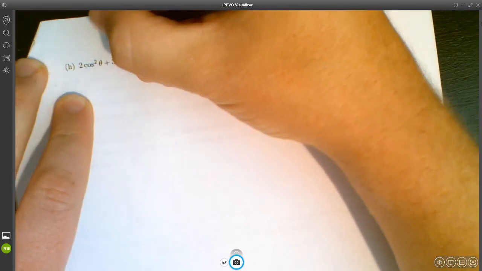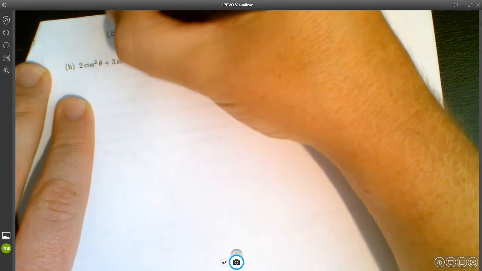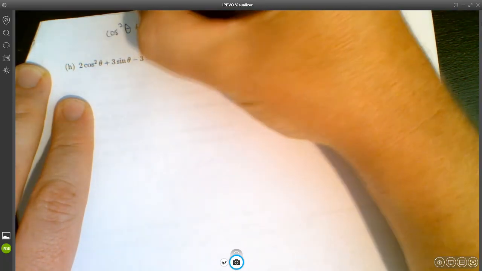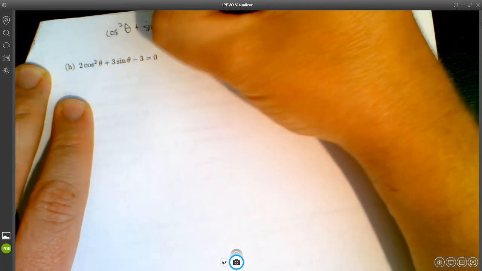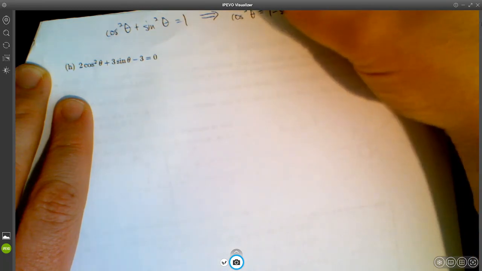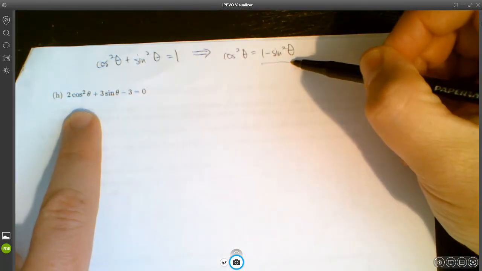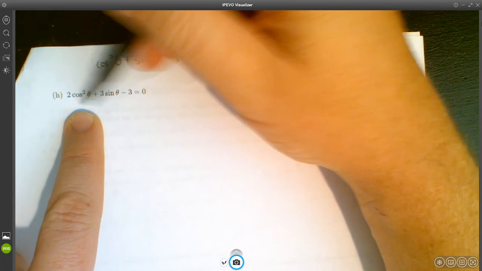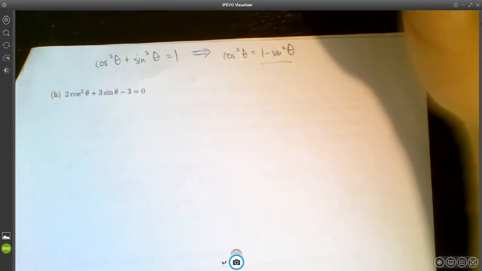We know that since cosine squared plus sine squared equals 1, cosine squared should just be 1 minus sine squared. So I can replace the cosine squared here with a 1 minus sine squared, and then this equation is going to be rewritten all in terms of sine only, right?